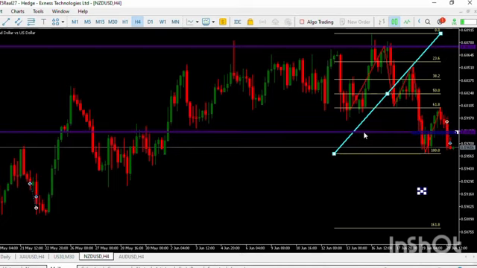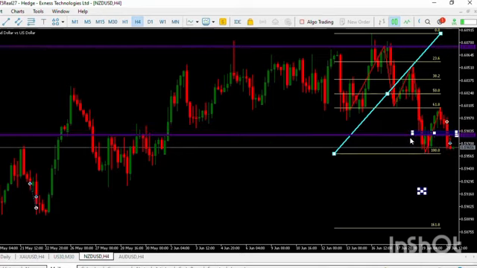In as much as it continues giving me a higher low and a lower low and does not exceed this level, where we have previous action that has taken place.